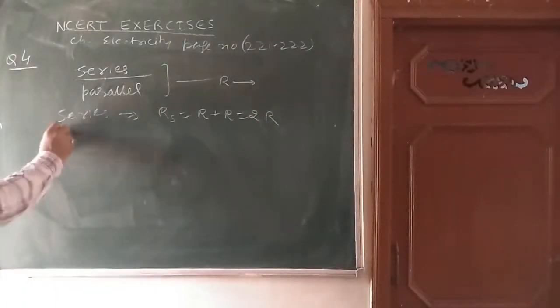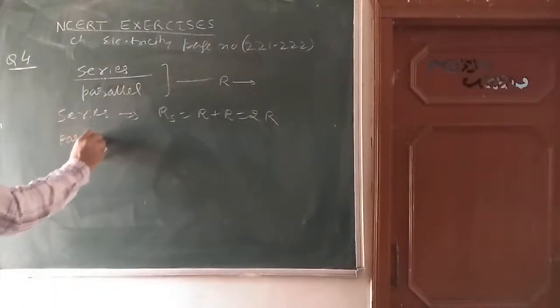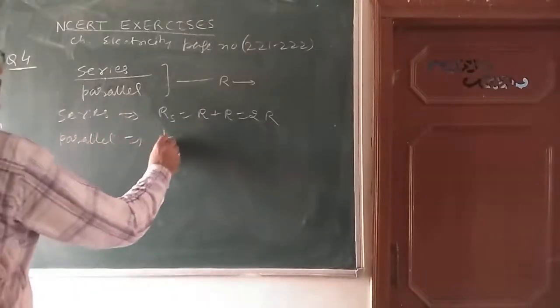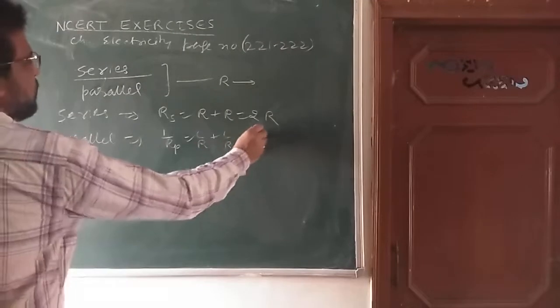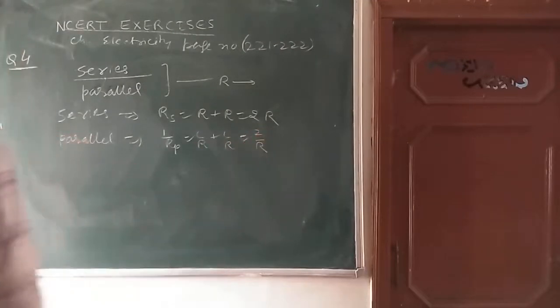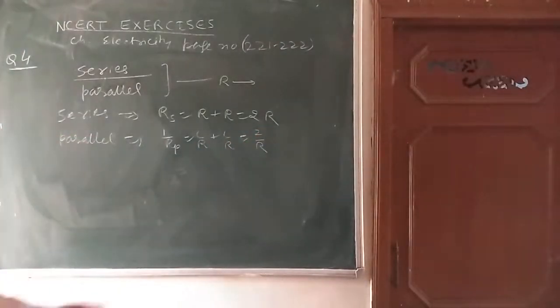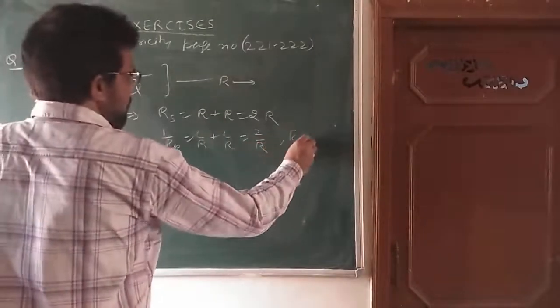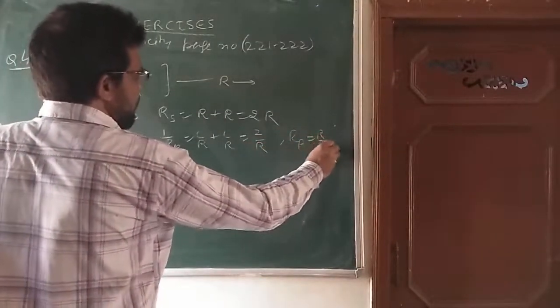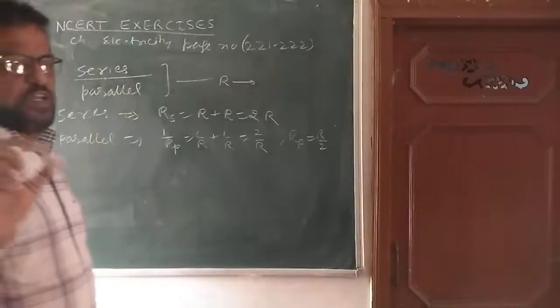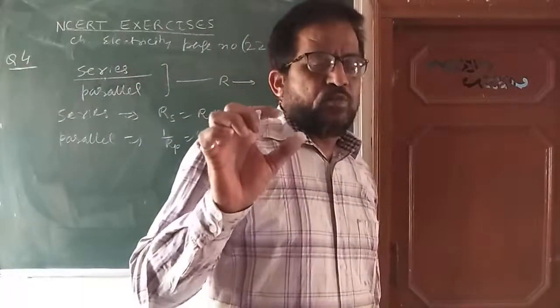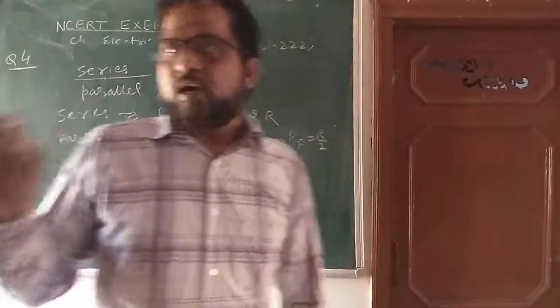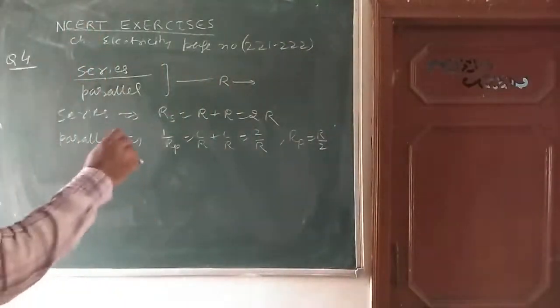When they are connected in parallel, then we know the formula 1 by Rp is equal to 1 by R plus 1 by R, that is 2 by R. So Rp comes out to be R by 2. This is the simplest way to find resistance when they are connected in series or parallel combination.